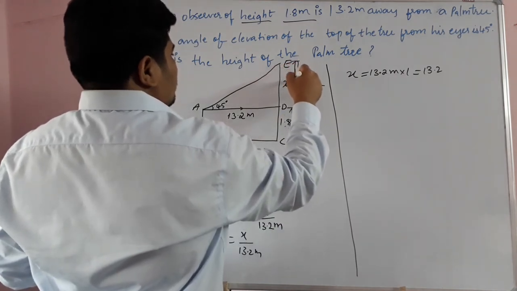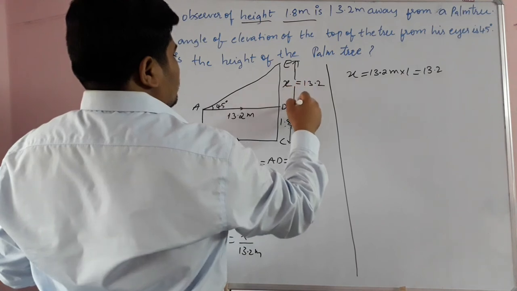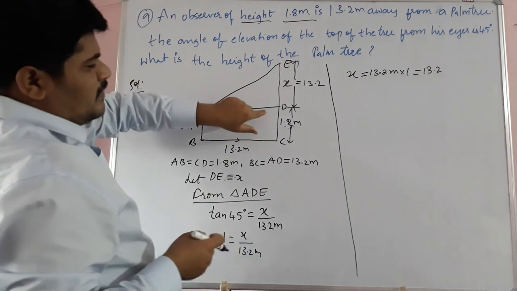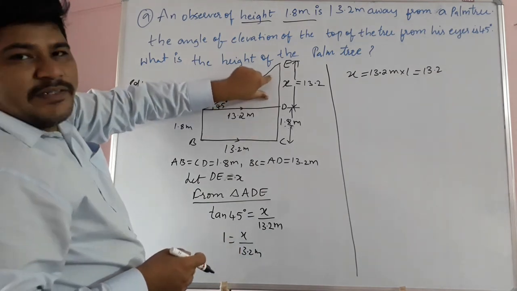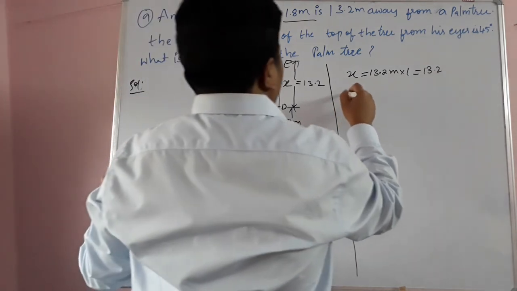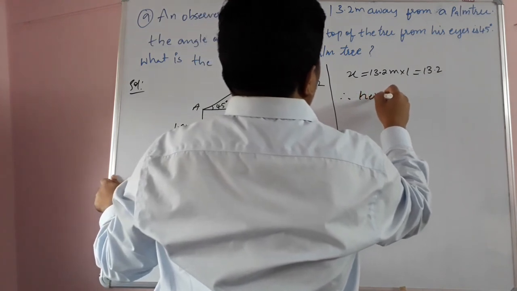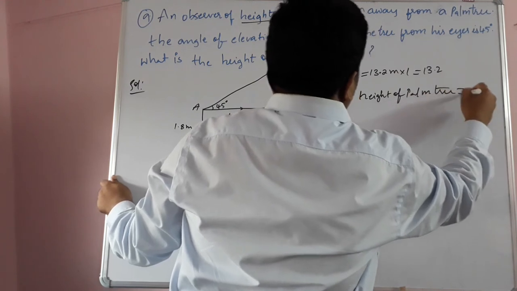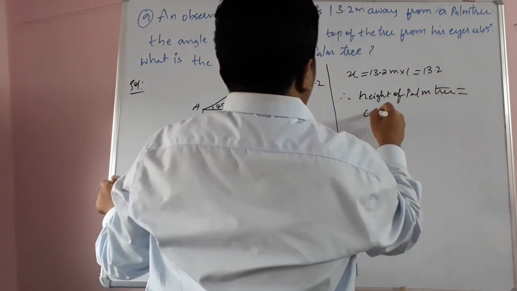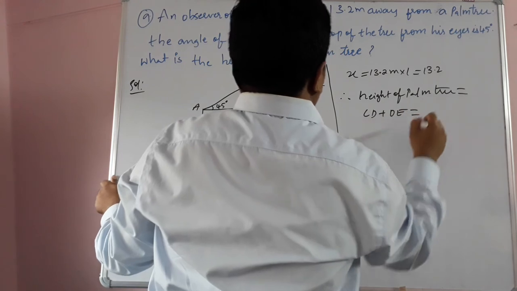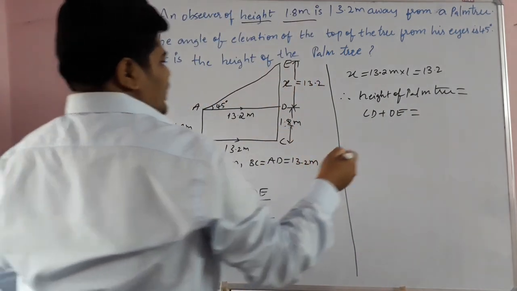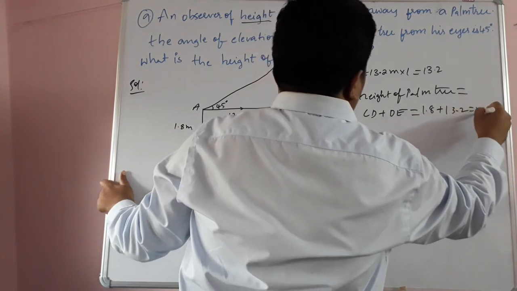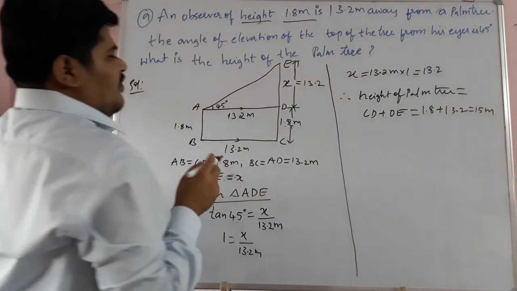The total height of the palm tree is CD plus DE. So CD is 1.8, plus 13.2. The sum is 15. So the total height of the palm tree is 15 meters.